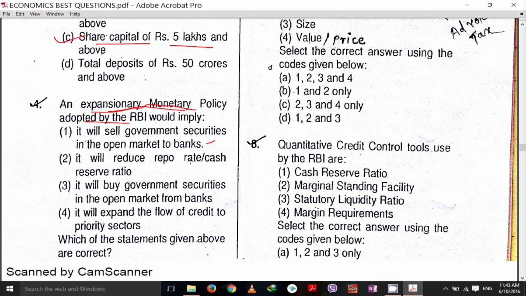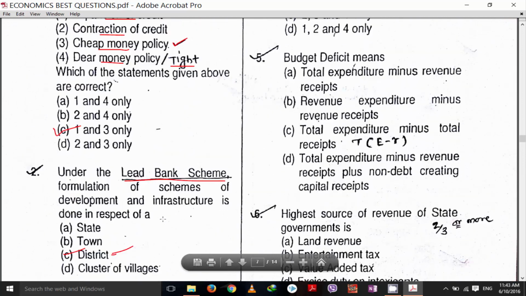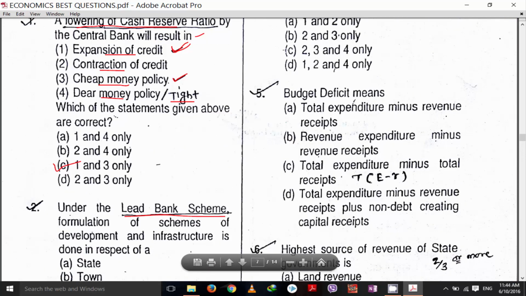It will reduce the repo rate or cash reserve ratio, correct one. It will buy the government securities in the open market from the banks and infusion of the money, that is correct. It will expand the flow of credit to the priority sectors, correct one. So 2, 3 and 4 are correct. So the answer is 2, 3, 4, C.